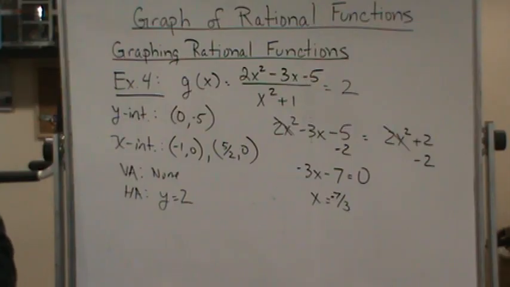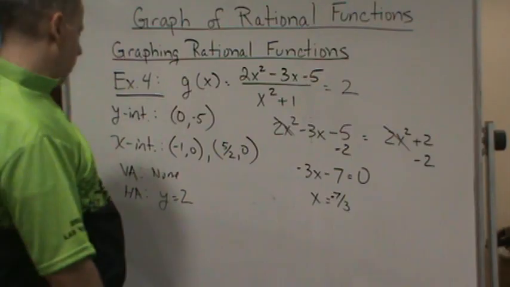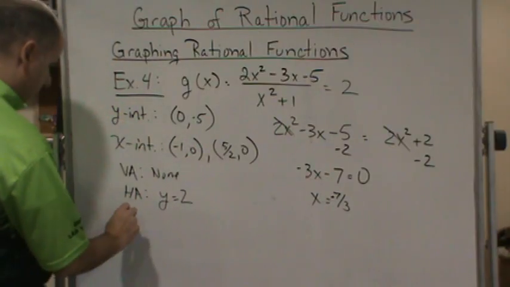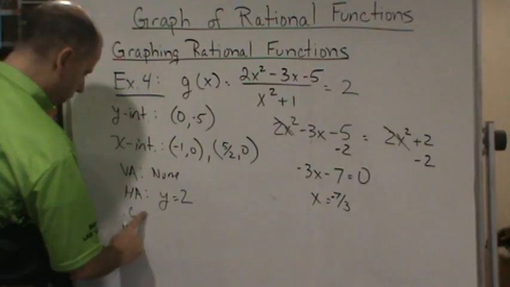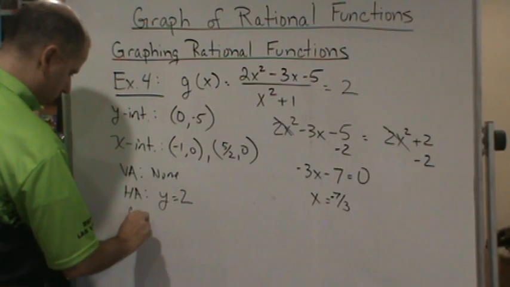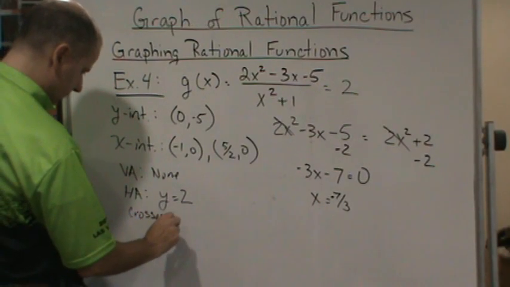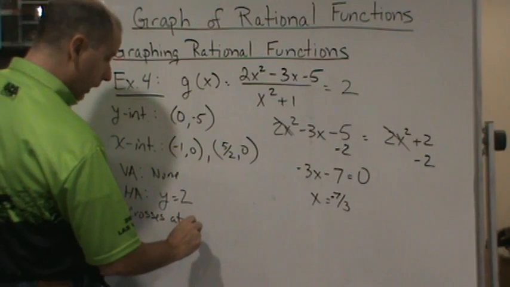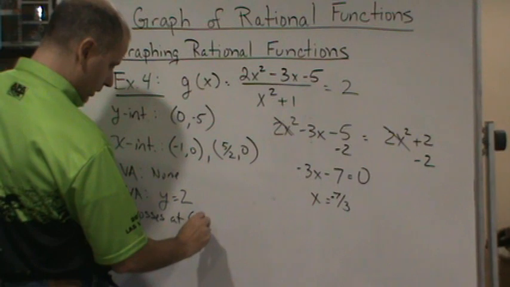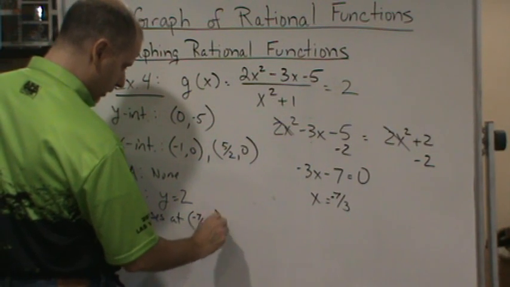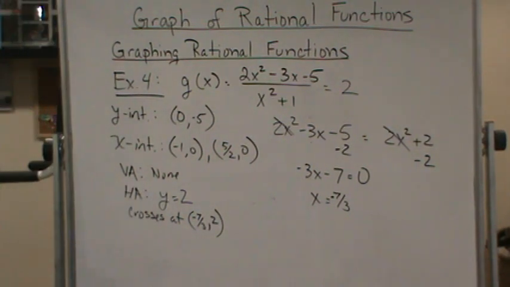So that means it does cross the horizontal asymptote, and I'm going to put here, crosses at negative 7/3, comma 2. So that's about negative 2 1/3. So that's at negative 2 1/3, comma 2.